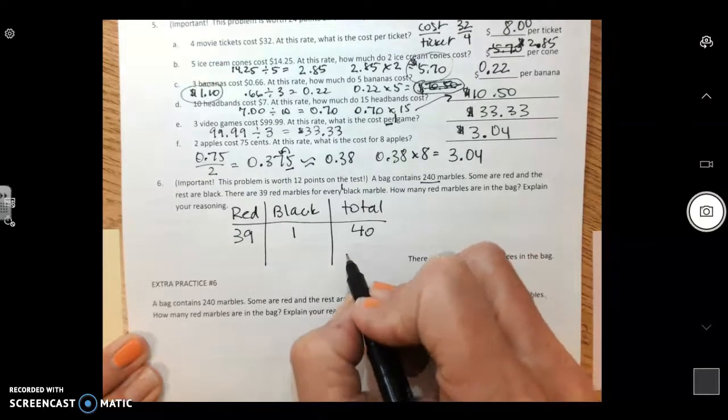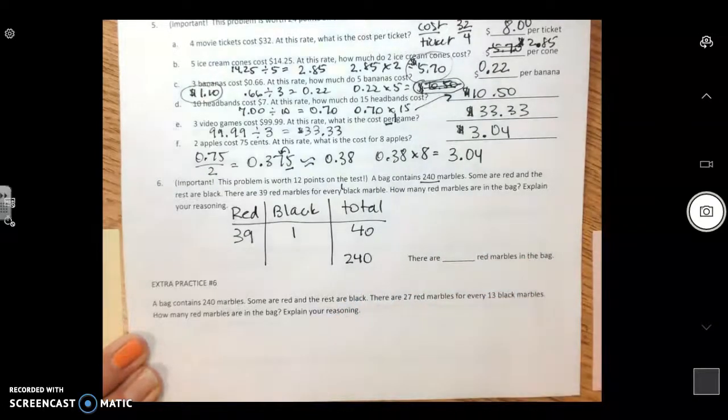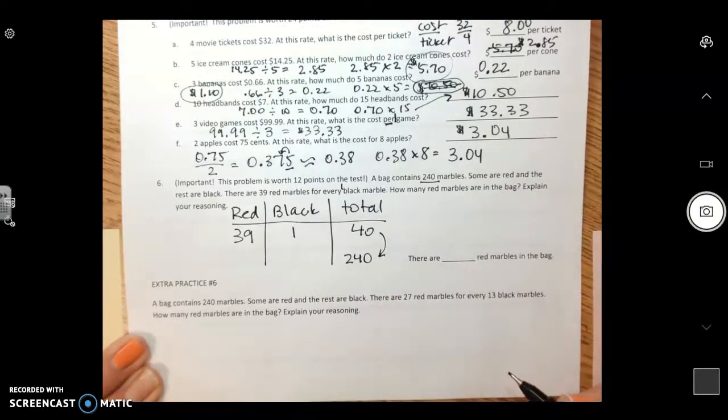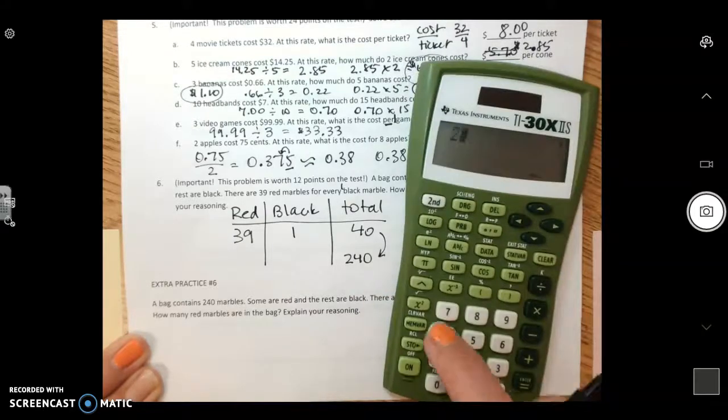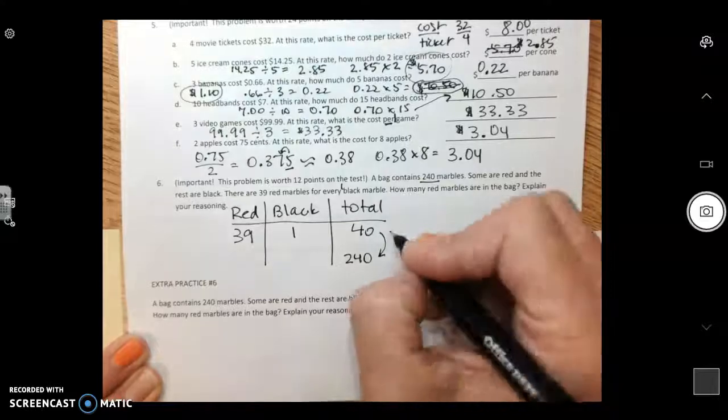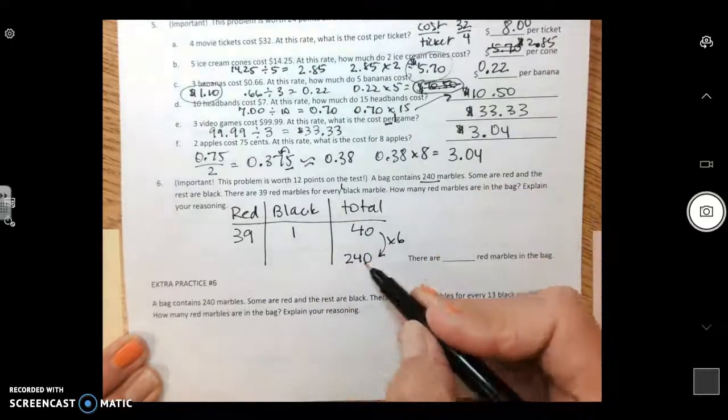So let's put our total as 240 marbles. And we have to think, well, how can I get from 40 to 240? Well, I don't know. Let's divide and see what that is. 240 divided by 40, that's 6. So let's use 6. 40 times 6, since I'm getting larger, is 240.